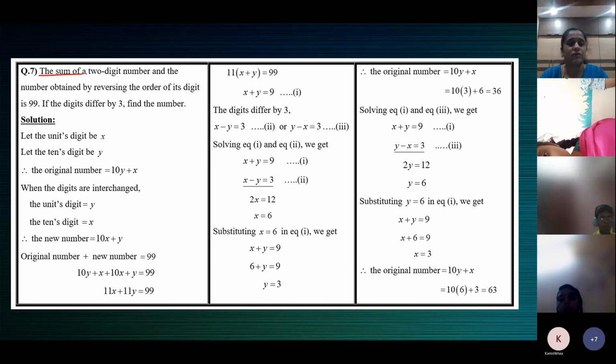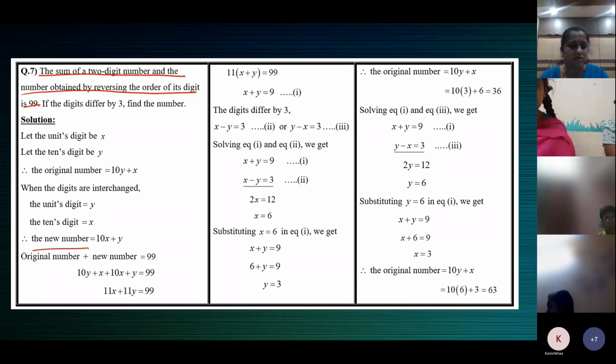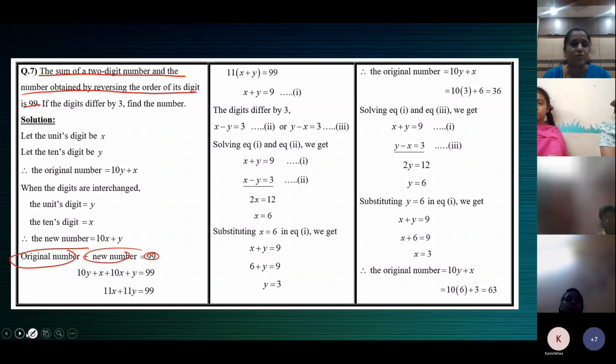Here, the sum of a 2-digit number and the number obtained by reversing the order of its digits is 99. So you know how to construct that equation. The original number plus the new number is equal to 99. Sum means you have to add.